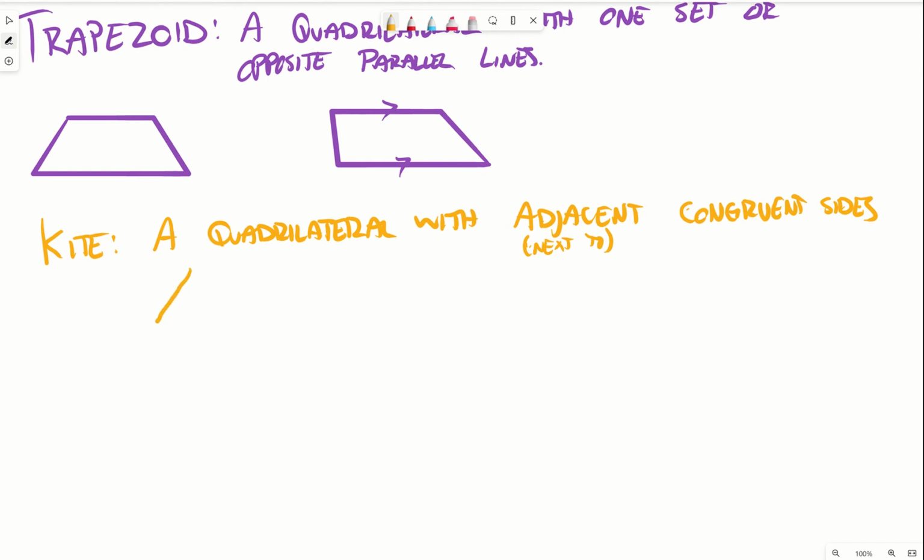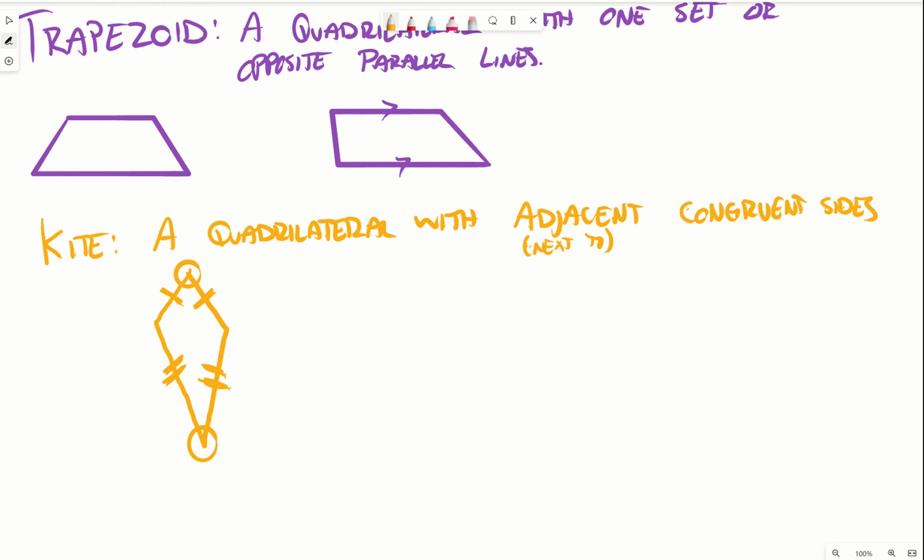Let's maybe draw it this way. Let's leave it like this. And I go, okay, this side and this side are congruent, and these two sides are congruent. And my congruent sides share a vertex. So when two sides are next to each other and the same measure, that is called a kite. Okay, so that's specifically what a kite would be.